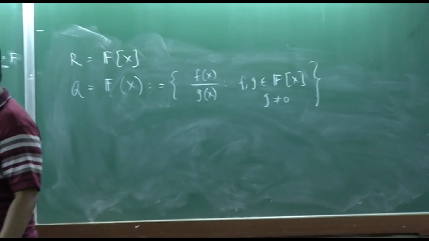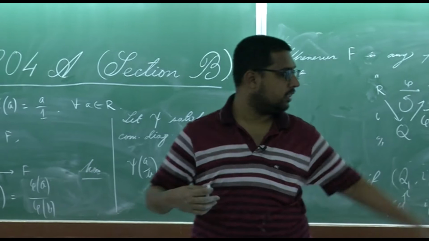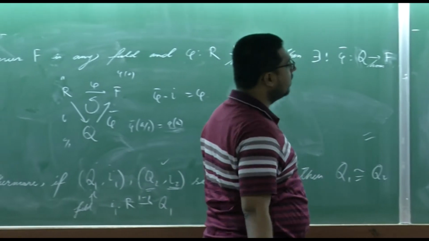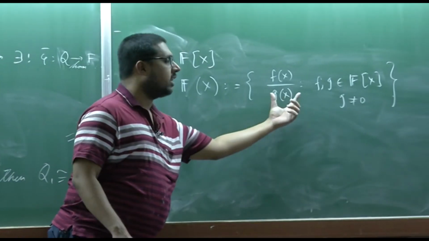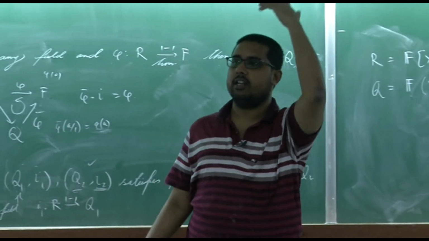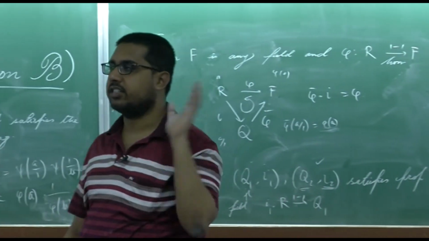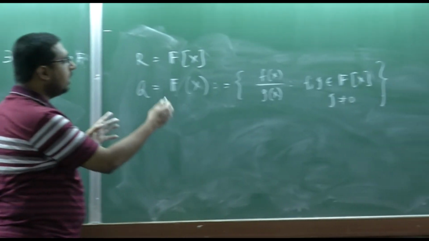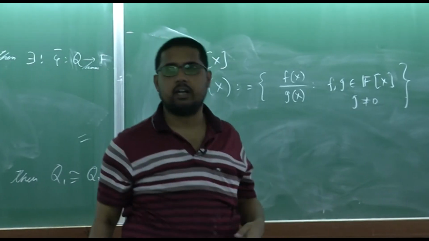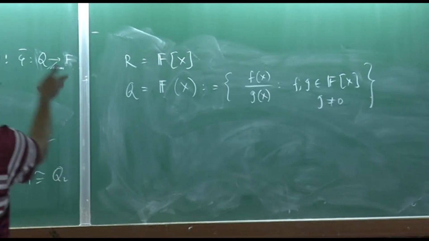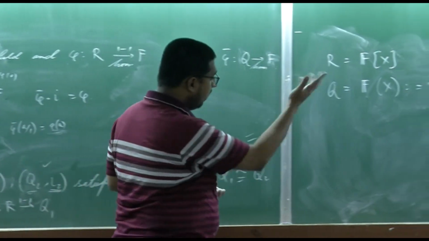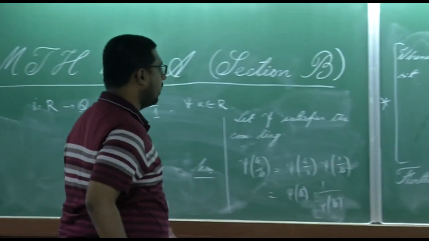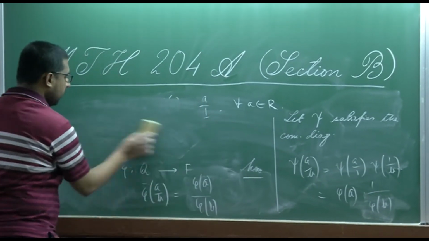You can check that this field of rational functions satisfies this property. Therefore the field of rational functions becomes the field of fractions of the ring of polynomials. So you see that here also the phenomenon is exactly similar to that of Z and Q. There are other examples of fields of fractions, but right now permit me to get back to our original discussion.